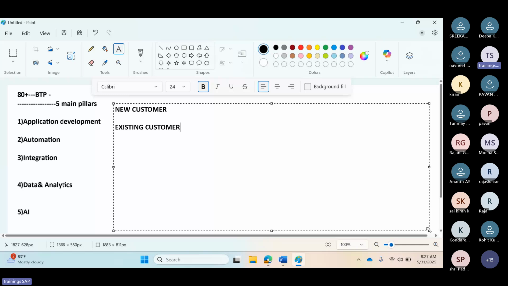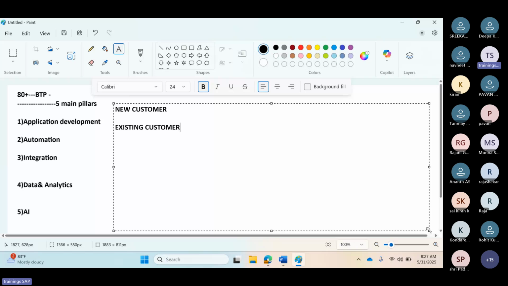So in that case, BTP is the one-stop shop for whatever you need. All the listed services, everything is available under one umbrella, so it is helpful to the existing customers and also the new customers.